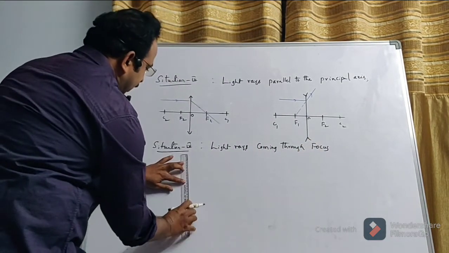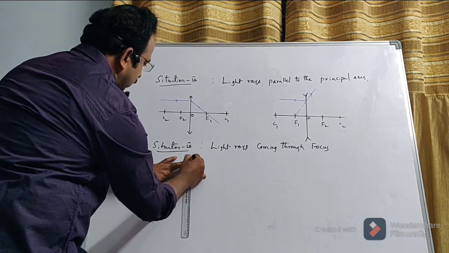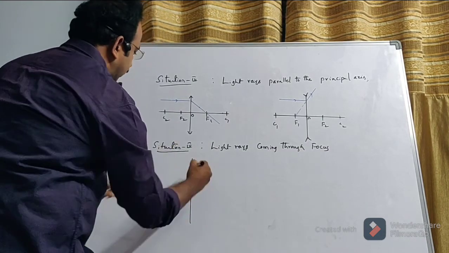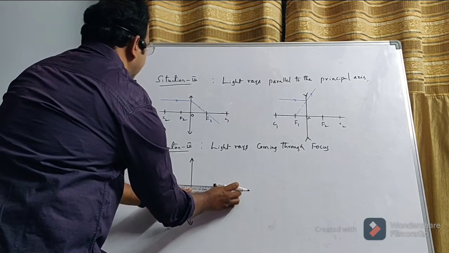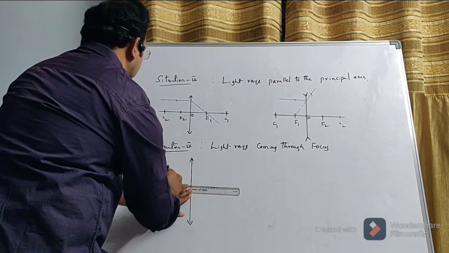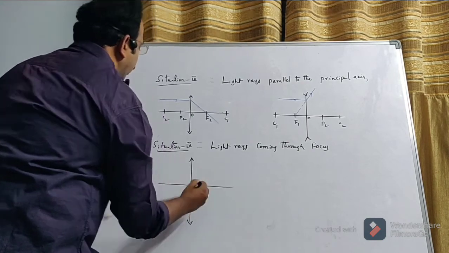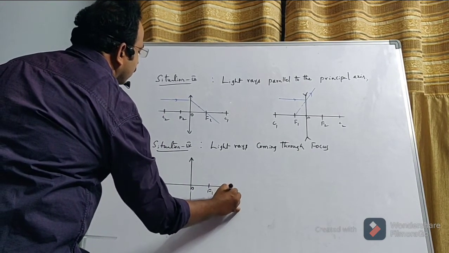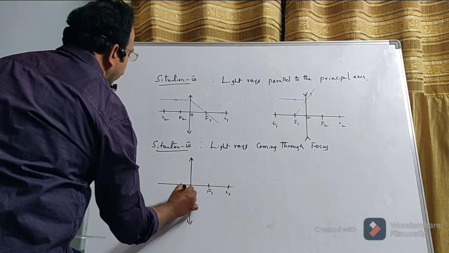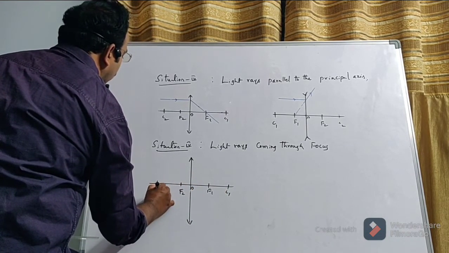Here, look at here. This is called a convex lens, having arrows like this, and here, okay, we know that this is the optic center, here F1 and C1, here F2, and here we have got C2.